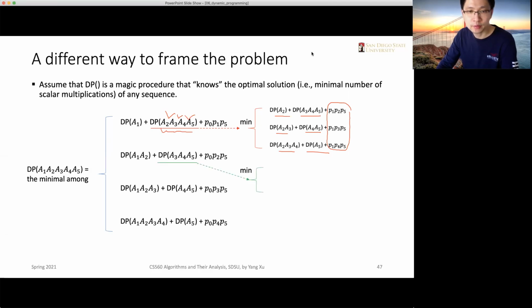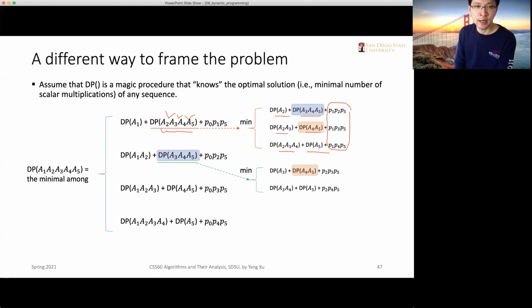And we can do the same thing for all the subproblems that need to be decomposed. One thing we noticed is that there is an overlap in the subproblems. When we try to solve these subproblems, we actually already solved the subproblem from A3 to A5.